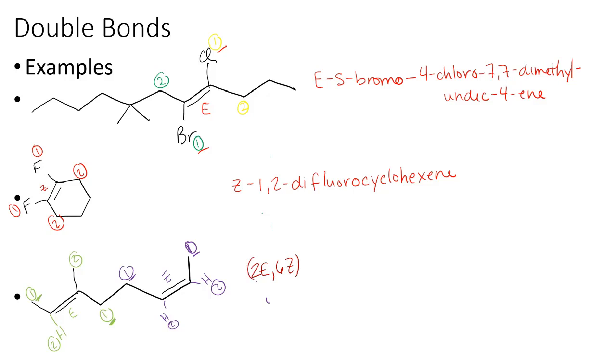So I have to tell you which double bond is which. So it is a 2E and a 6Z. And then 3-methylocta-2,6-diene.